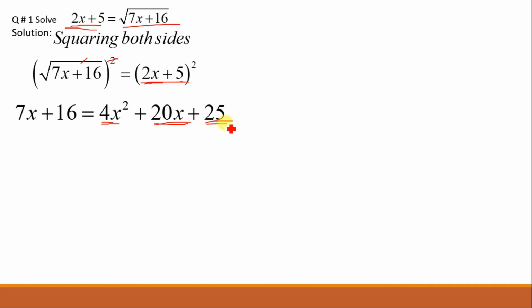Now we have to convert this quadratic equation into standard form, that is, in the form of ax squared + bx + c equals 0.